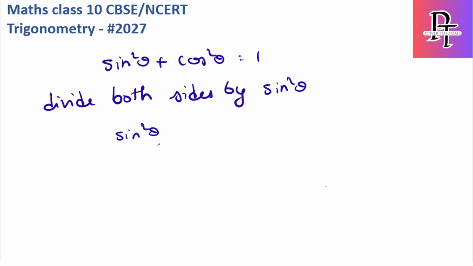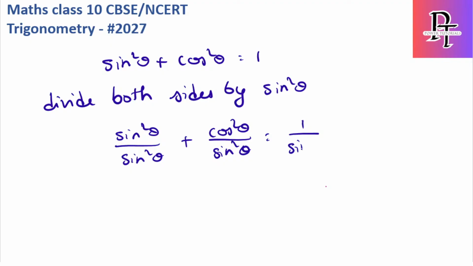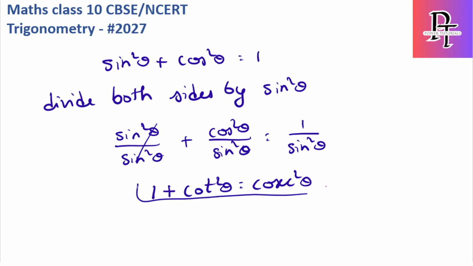Sin square theta by sin square theta plus cos square theta by sin square theta is equal to 1 by sin square theta. So sin square theta cancelled out, so it becomes 1 plus cot square theta is equal to cosecant square theta. This is nothing but the third identity.